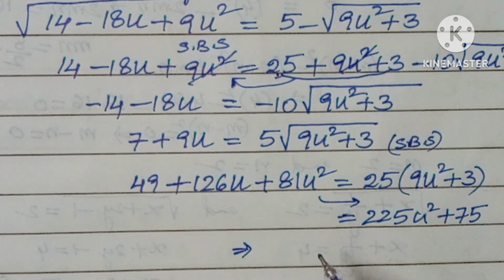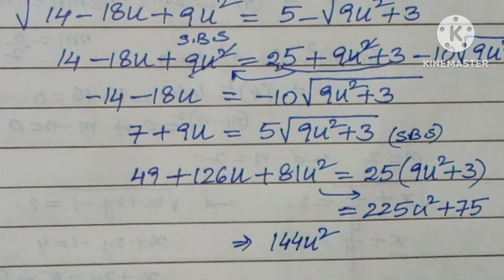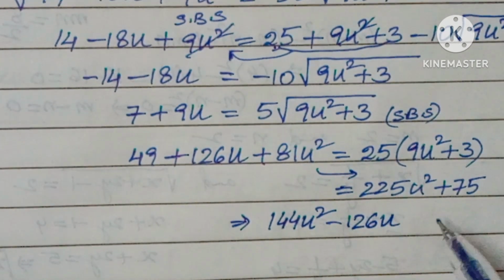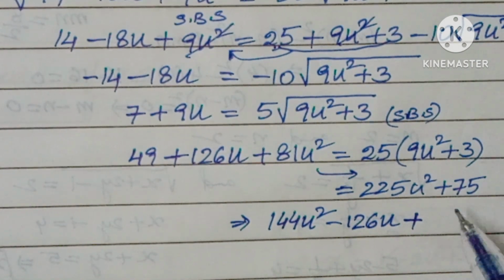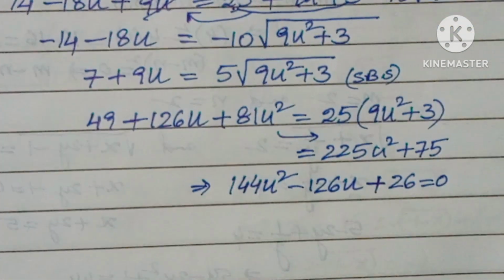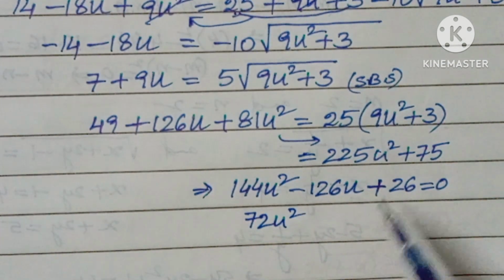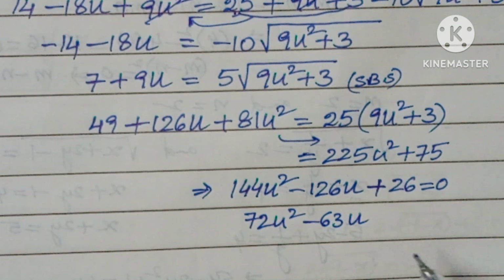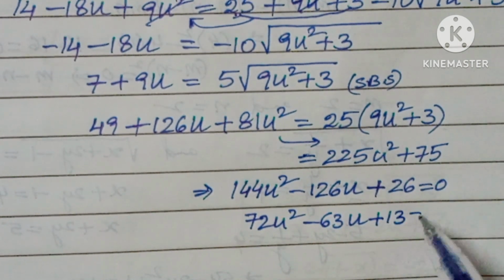Sending all the terms to one side, I will get 225 minus 81, that is 144u square, minus 126u, plus 75 minus 49, you will get 26, equal to 0. So here you will get 72u square minus 63u plus 13 equal to 0.